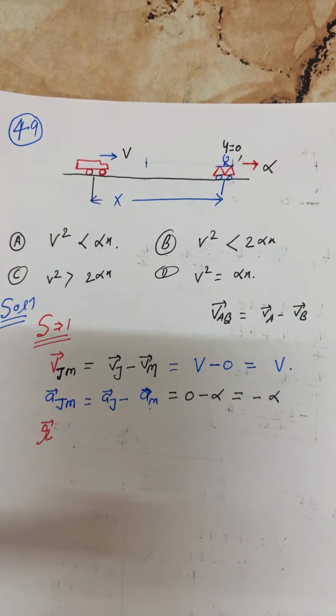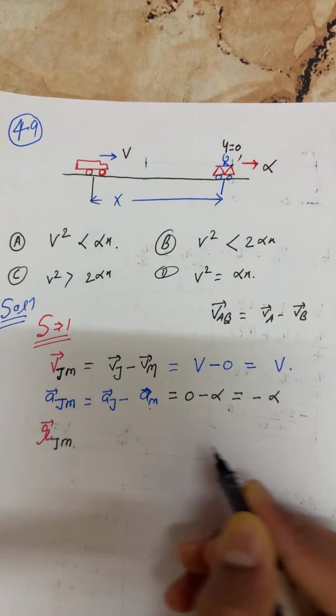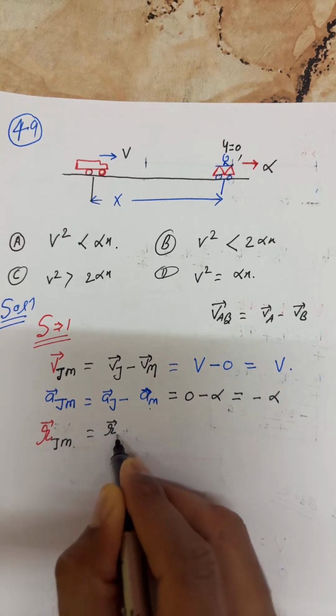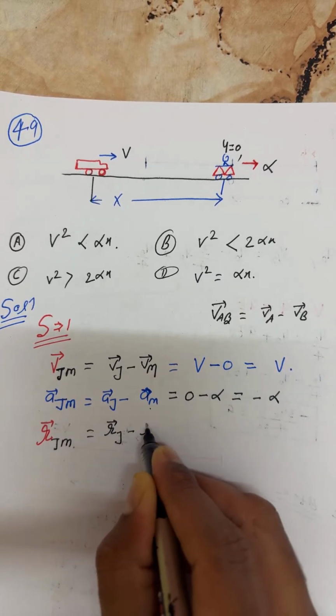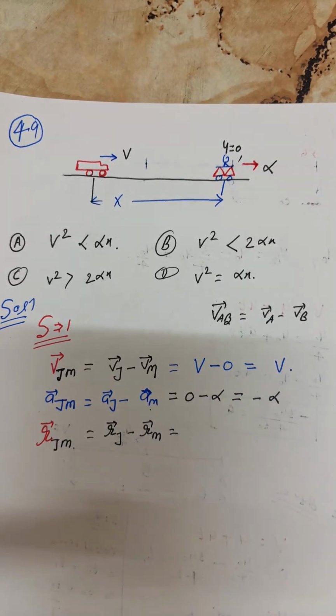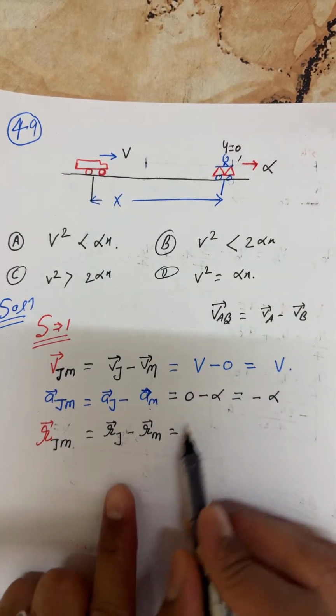This is the position vector expression of the jeep with respect to the motorcycle here. So you can say position vector of the jeep minus position vector of the motorcycle. What is the position vector here? That is mentioned, because this is initially traced here.